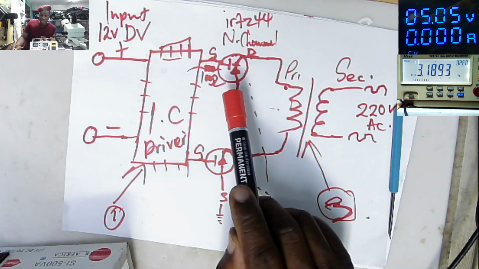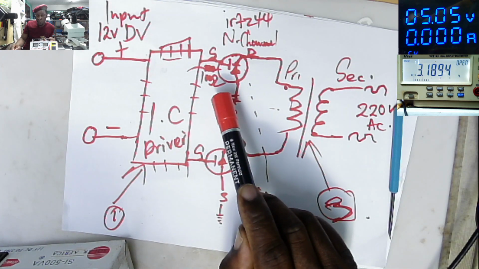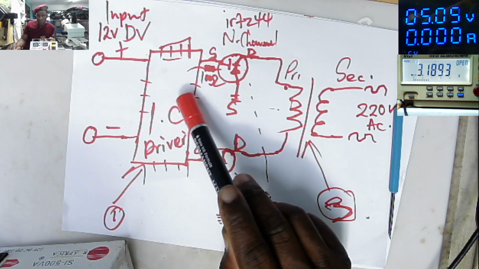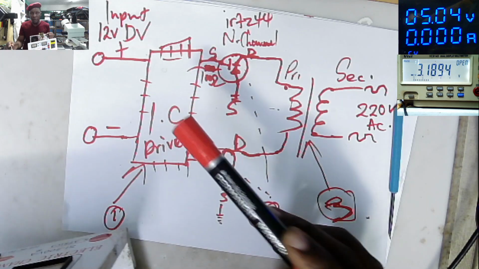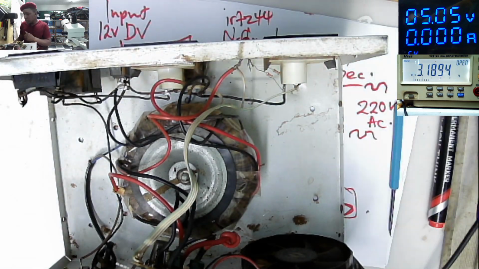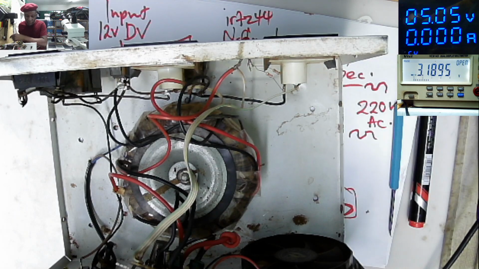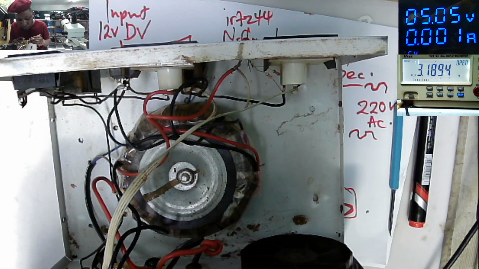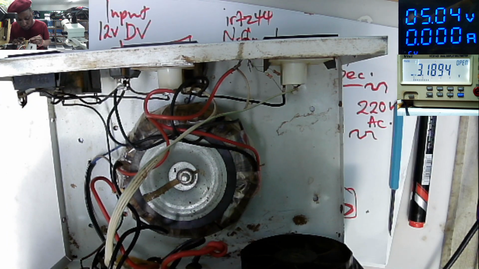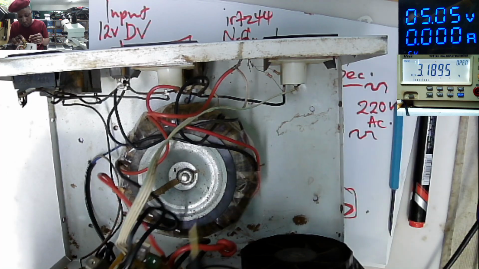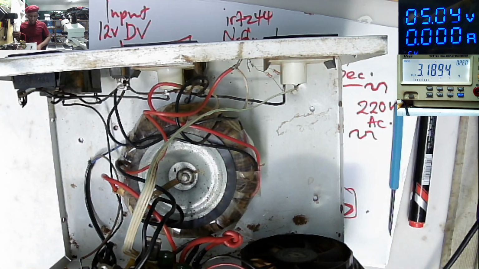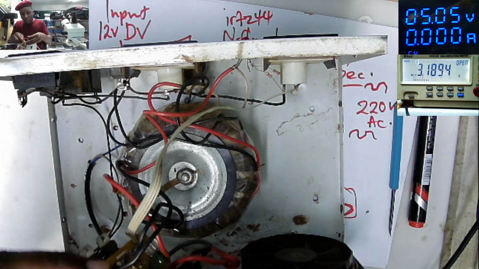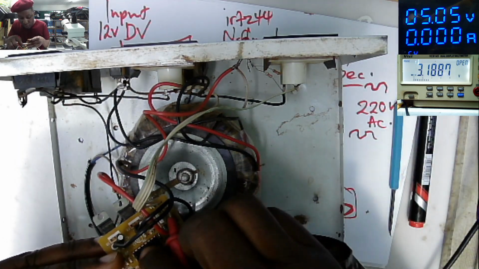So let's check a few things here. Of course, we are not working with the schematics, so I don't know the pinout configuration for this chip, but I'll stick one probe on the minus, and I'll go straight on the chip.